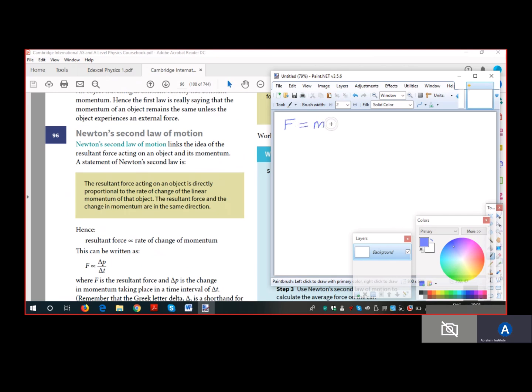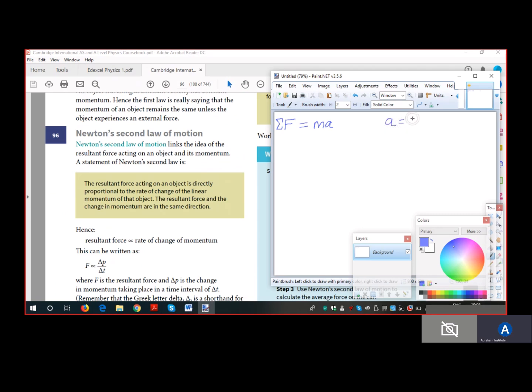I will use the sigma to indicate that it is a resultant force. Some textbooks don't use the sigma, but it's best to write it to show that this is not just a force, it is the net force, the unbalanced force, the resultant force acting on the object.